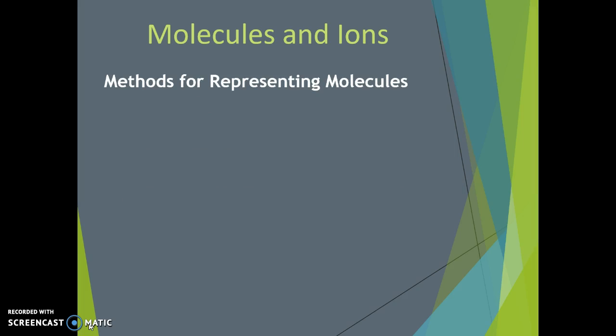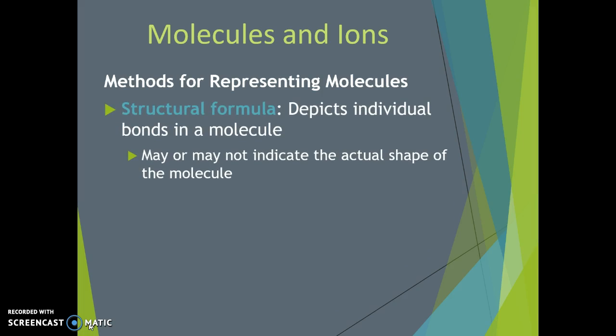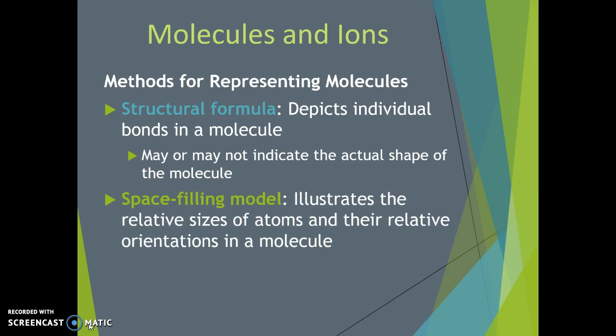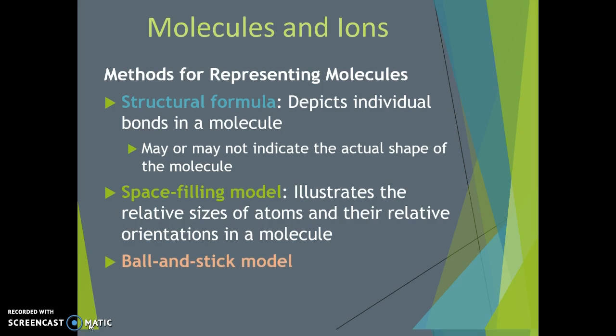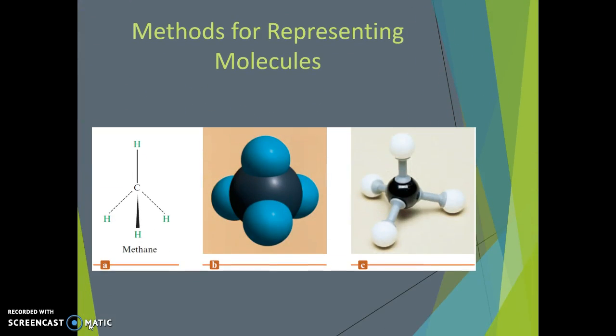There are a couple other ways of representing molecules. We can use the structural formula, which shows us how the atoms are bonded together, but it might not tell us the actual shape. The space-filling model will show us the size of the different atoms and how they're oriented in space. And then the ball and stick model. Here are some diagrams of each type.